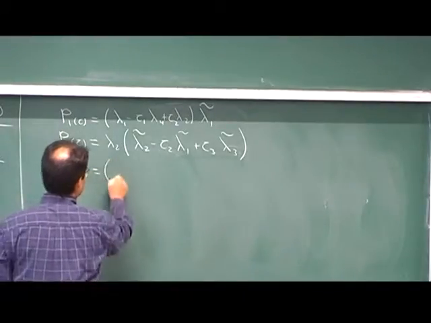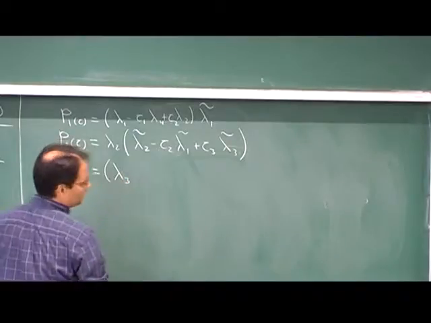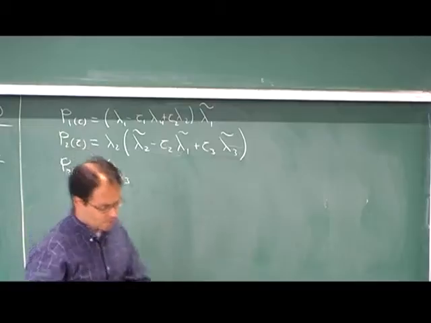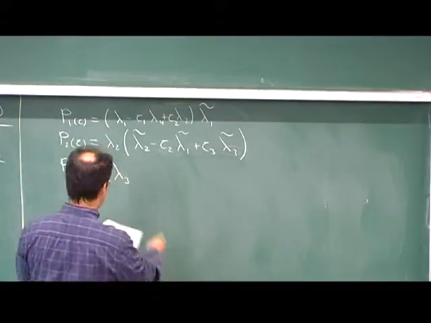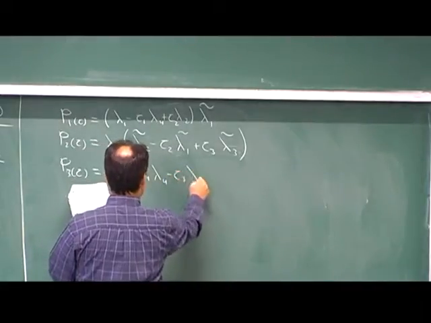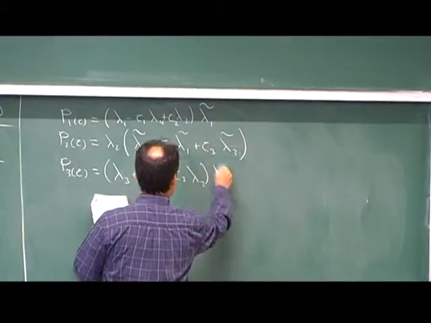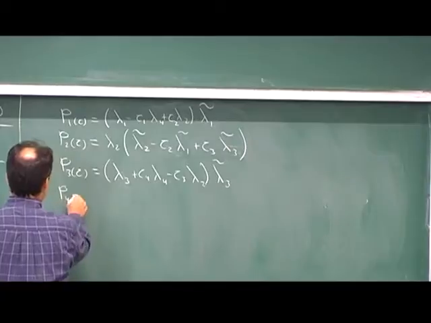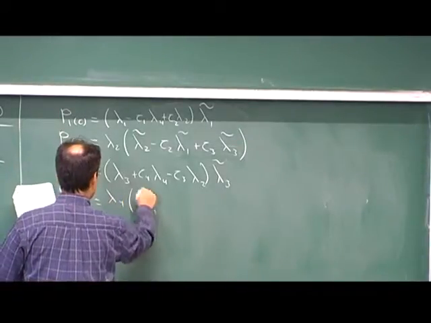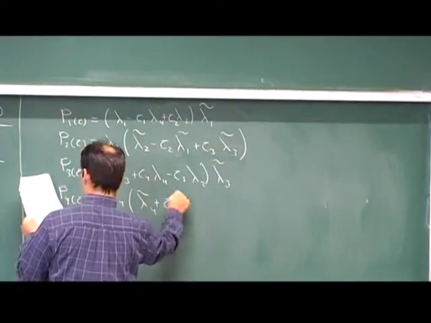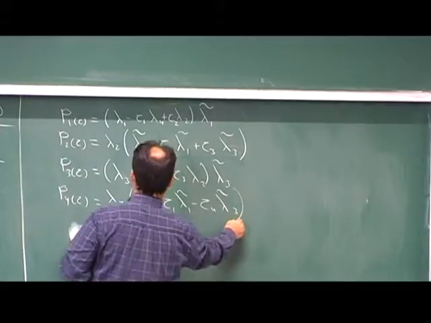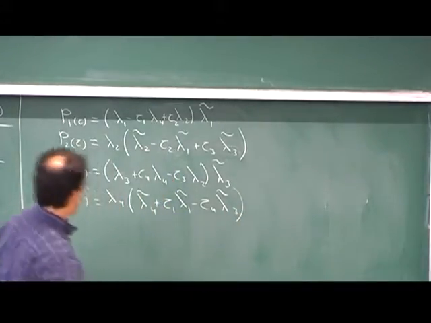P3 of tau is equal to lambda 3. Well, I didn't write it there, but I have it here. Plus tau 4 lambda 4 minus tau 3 lambda 2 lambda 3 tilde. And P4 of tau is lambda 4. Okay, so what have we done?